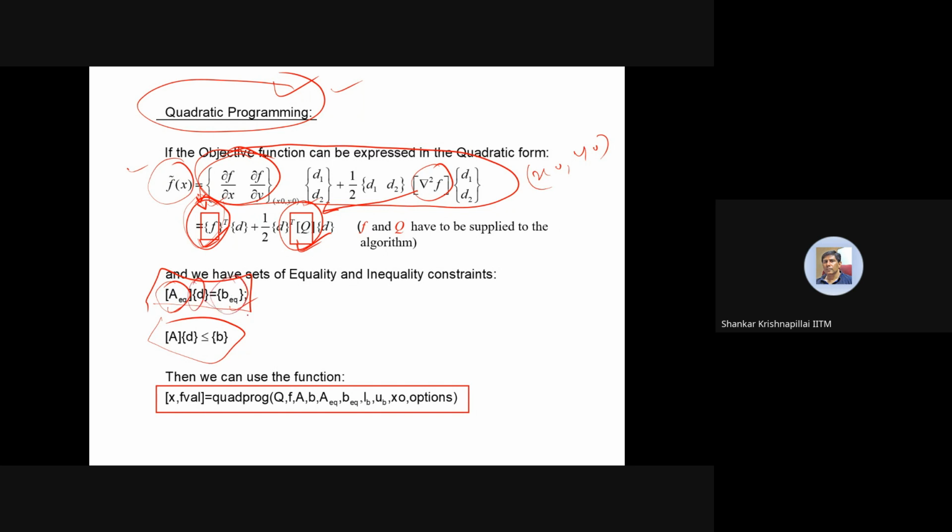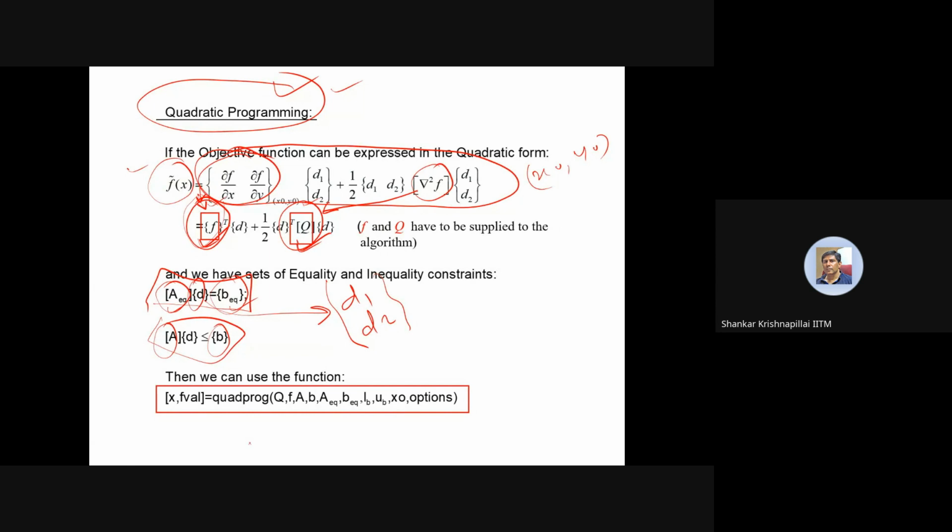So this D is actually D1, D2. Okay. Then similarly for inequality constraints, A is the left hand side of the inequality constraint matrix, and it contains all the coefficients, and B is the right hand side.